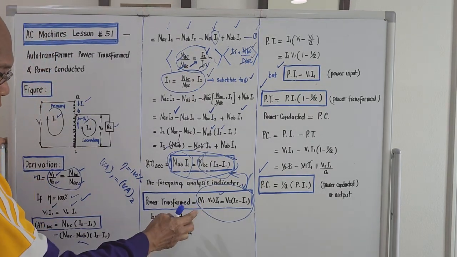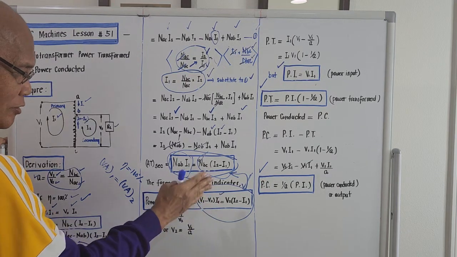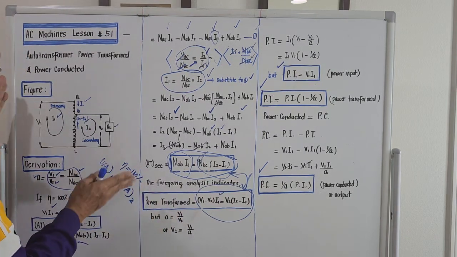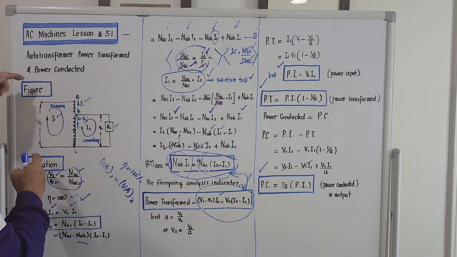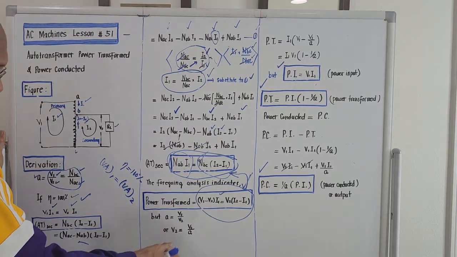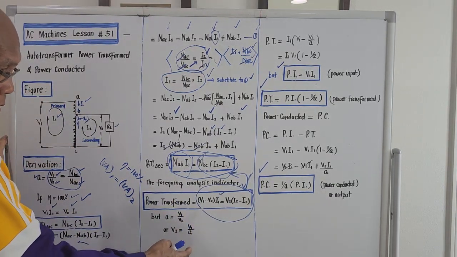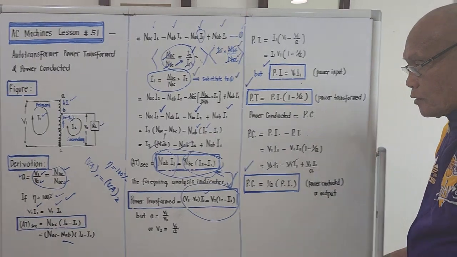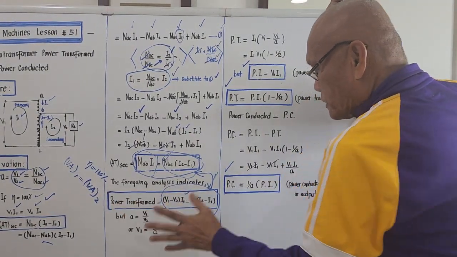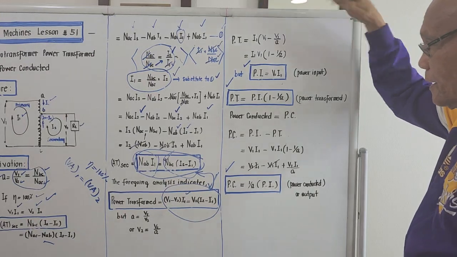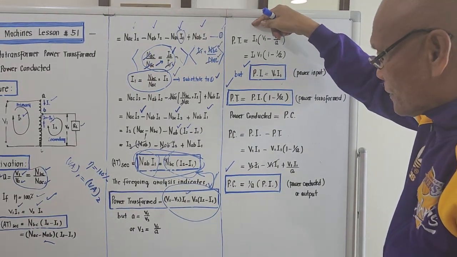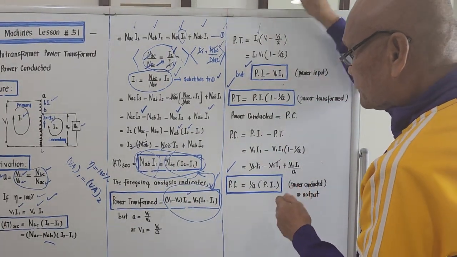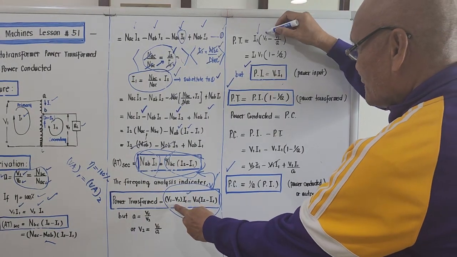Before we simplify this one in terms of the other values, we will let A be equal to V1 over V2. For this transformer, the ratio of transformation is the ratio V1 over V2. So if we compute for V2, it will be V1 over A. Going back to this, instead of writing the complete words power transform, we'll just simplify it as PT, and this should be equal to I sub 1 times the quantity V sub 1 minus V sub 2.